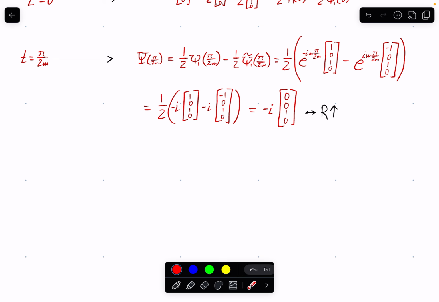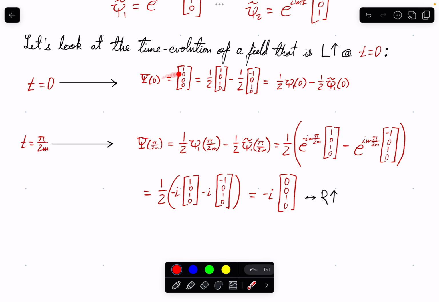And so what we've seen is that over time, a left chiral spin up field, so perhaps I should put this in just for emphasis, left chiral spin up, over time becomes a right chiral spin up particle.